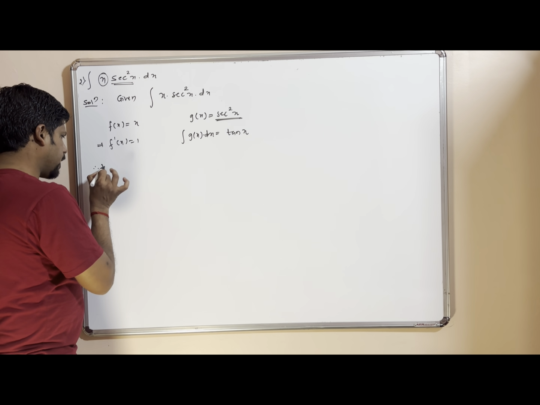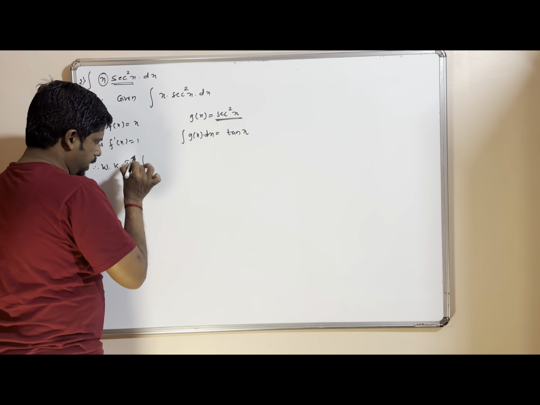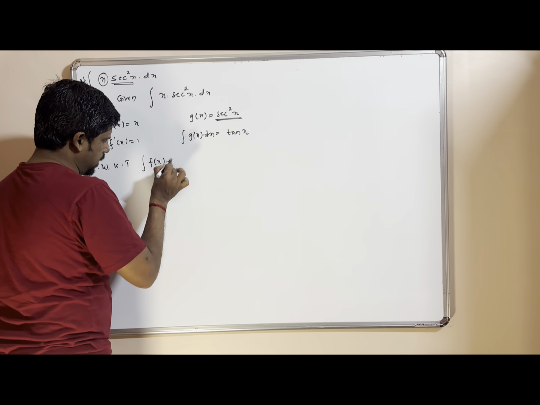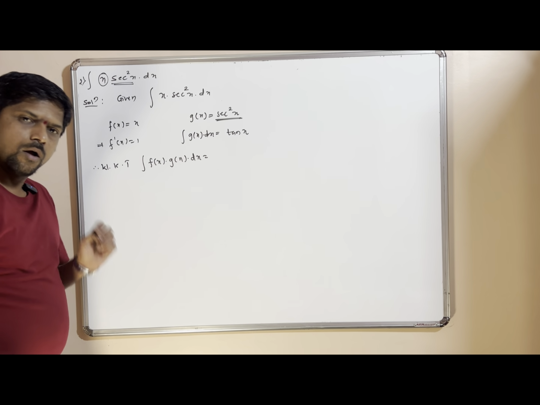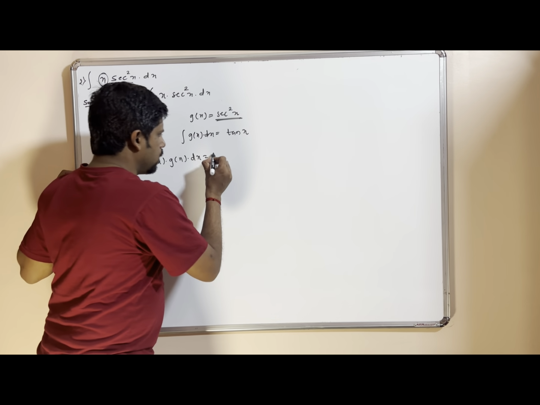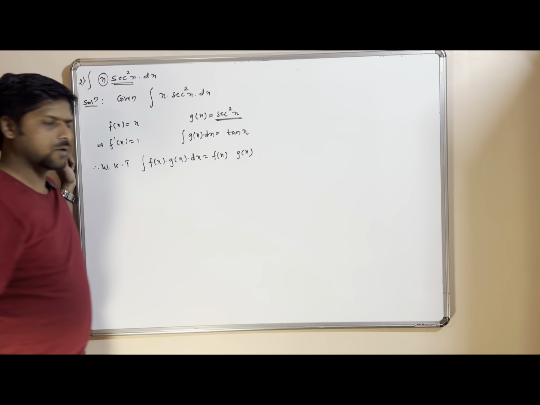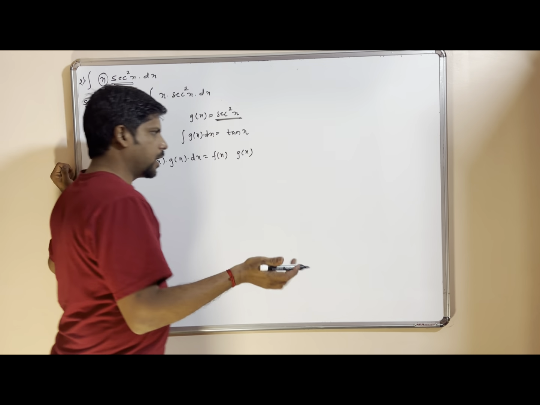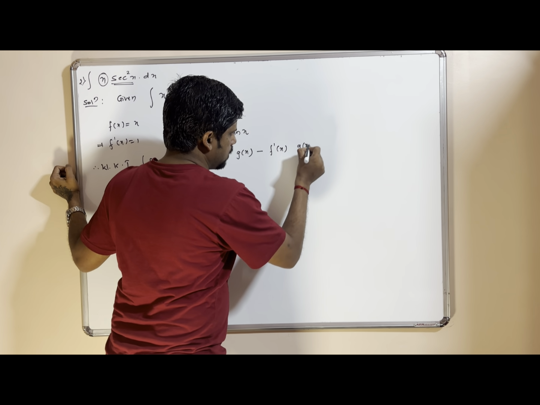So, we know the formula, integration of f of x into g of x into dx. Now see how to write the formula. So f of x g of x on one side, another side f dash of x g of x.